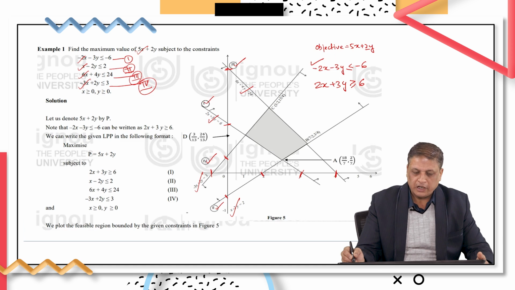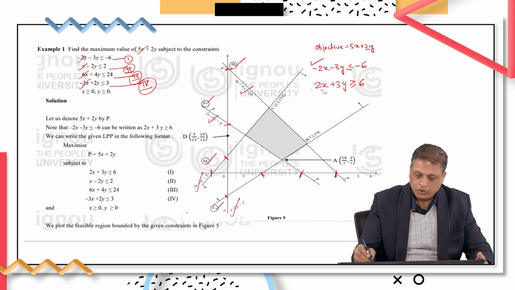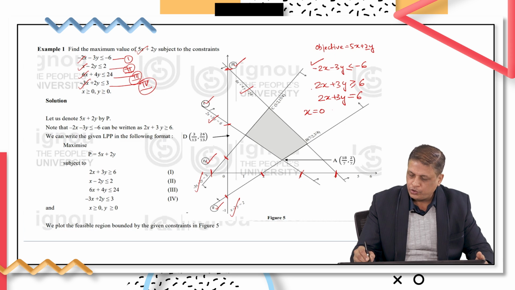So, now we can find the x intercept and the y intercept by solving 2x plus 3y equal to 6. Substituting x equal to 0, you get 3y equal to 6, wherein y is equal to 6 by 3, that is 2.